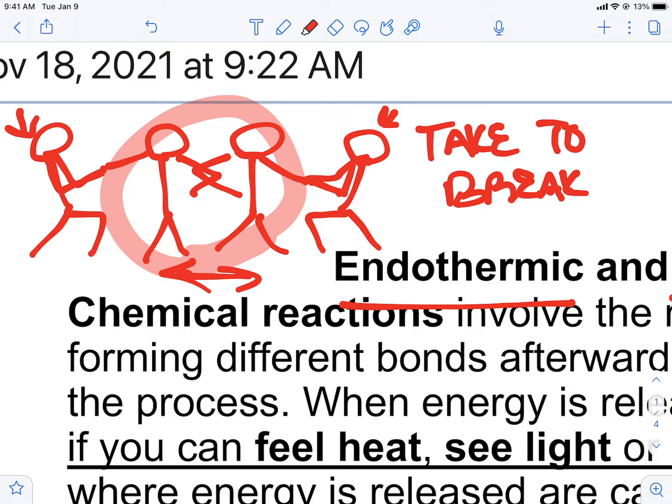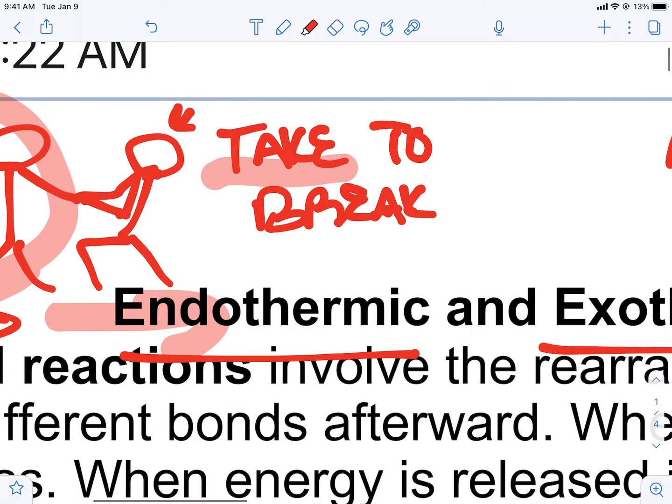It takes a lot of energy if they're resisting you to pull them towards your side on the outside. So when you're trying to pull two people apart, it takes a lot of energy out of you in order to break them up. I want you to remember the phrase "take to break," which means it takes more energy to break bonds than it does to form them.